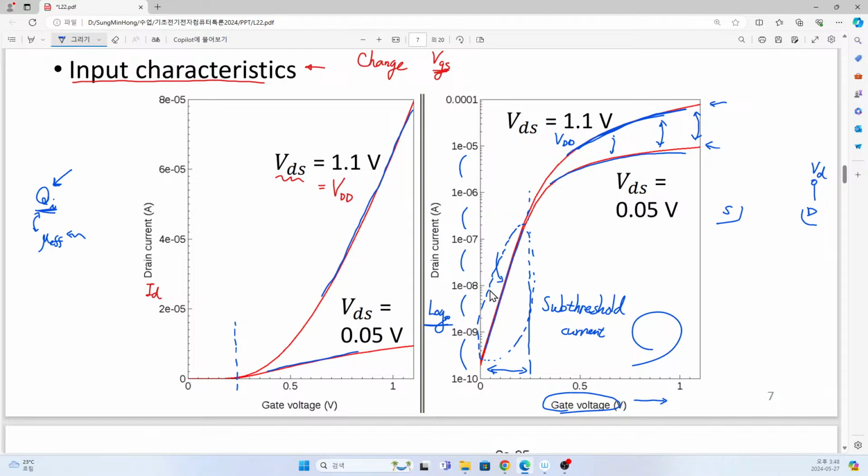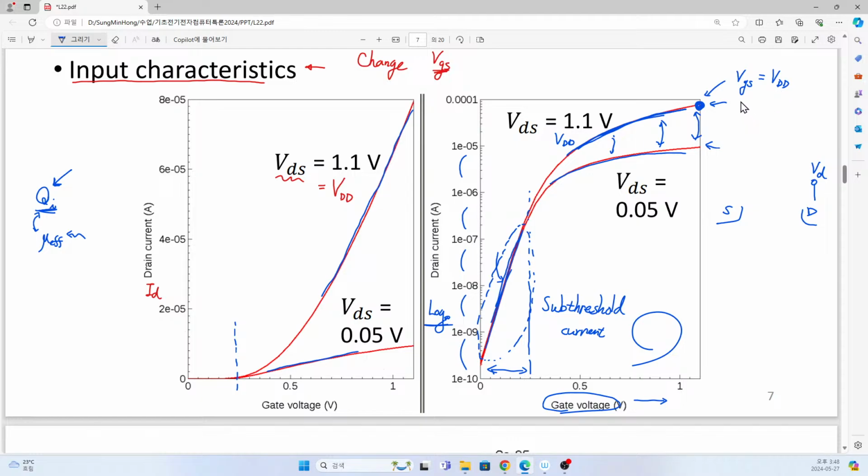But anyway, this semi-logarithmic curve gives us important findings. Okay, what is the sub-threshold value and the behavior of this curve, and especially this number is important. So what is this? This is the current obtained when gate voltage is equal to VDD.